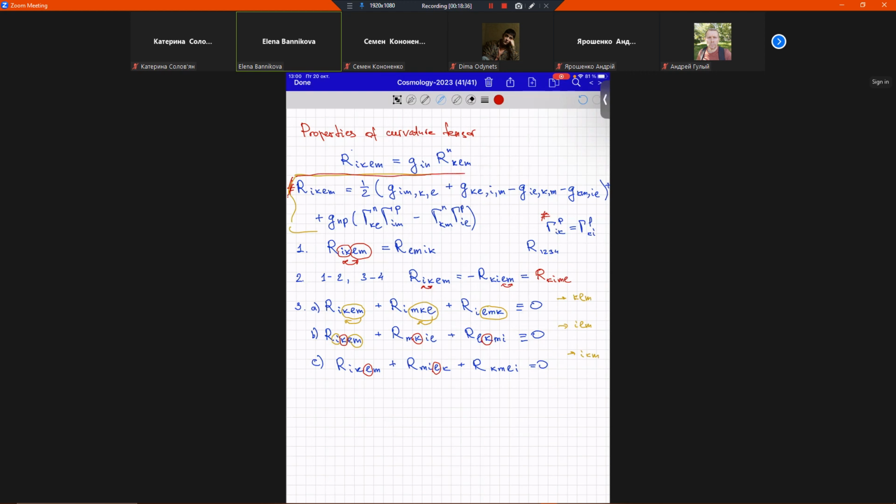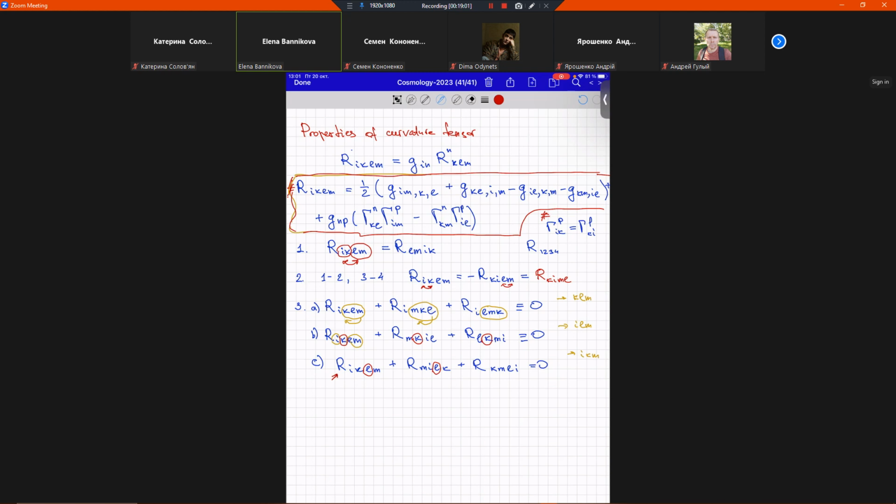Let's put it in a frame. It's the procedure to prove it. It's not complicated because you just need to rename indexes correspondingly to this order of the indexes.